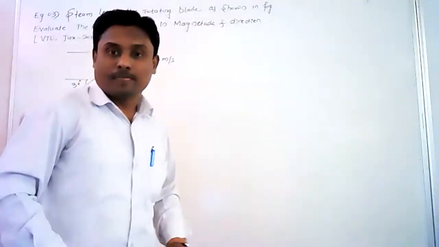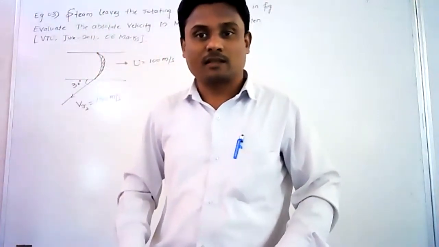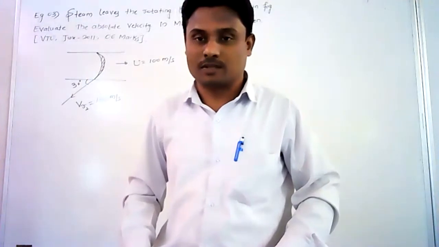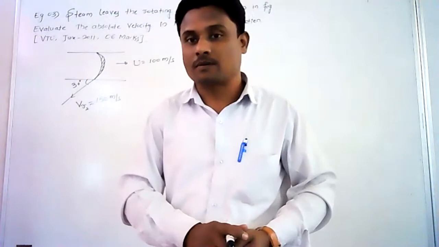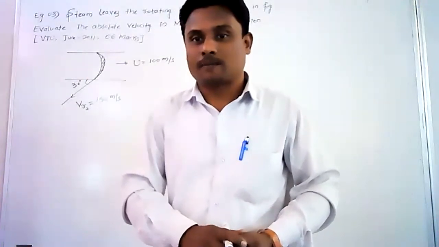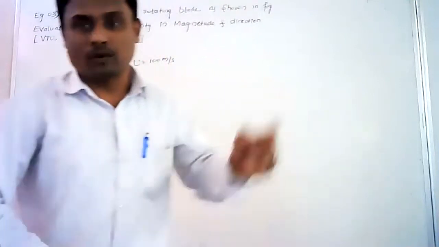I'll give the hint. VR2 is making an angle 30 degrees with the horizontal plane. What is 30 degrees? Sir, beta 2. Very good.